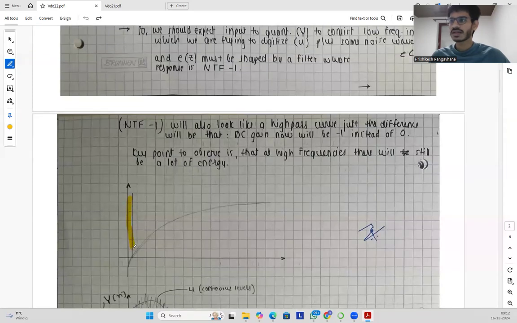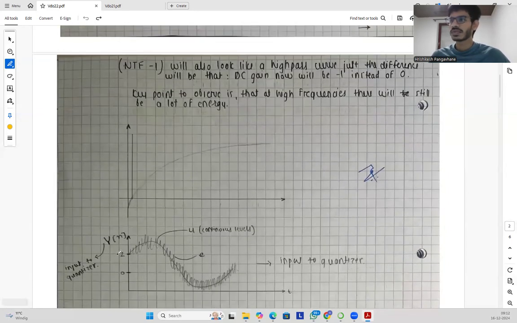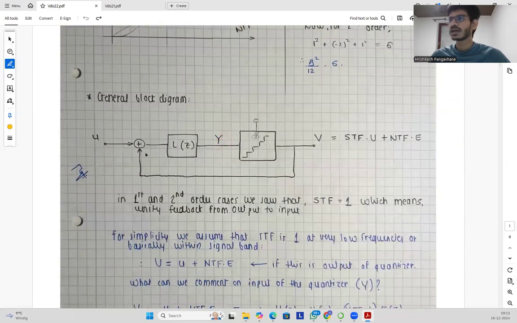So now we will have our signal over here like this, and at DC, instead of 0, we will be having minus 1. But we are more interested in the spectrum or the shape at y of n. As we know, the input to the quantizer over here is coming from U through a loop filter, or loop architecture.